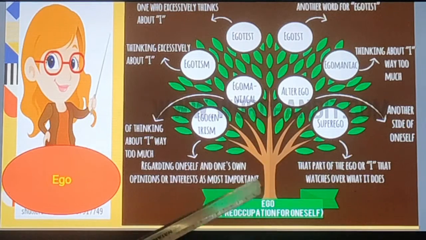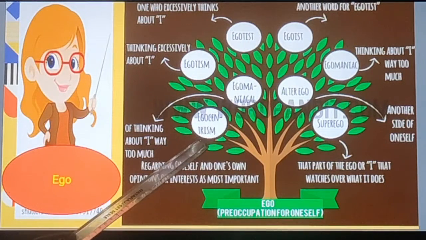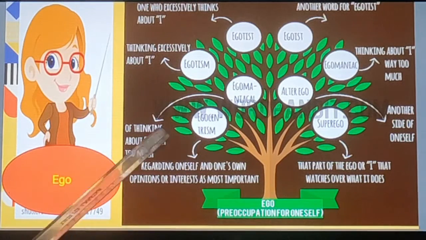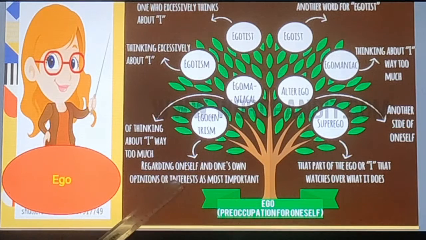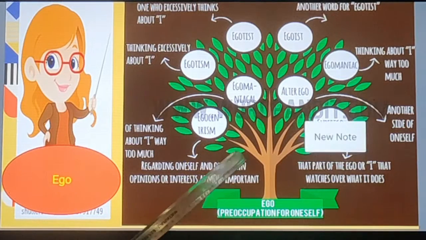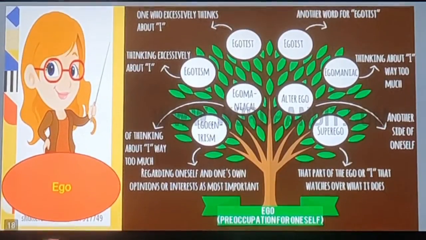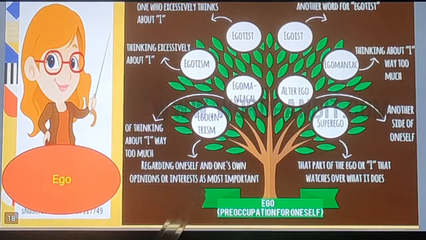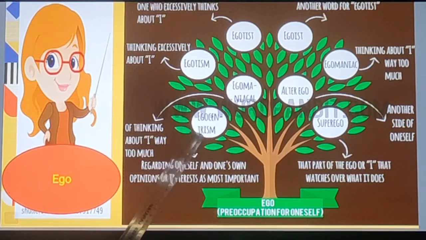And egocentrism. What is that? Egocentrism is regarding oneself and one's own opinions or interests as most important. That is called egocentrism.